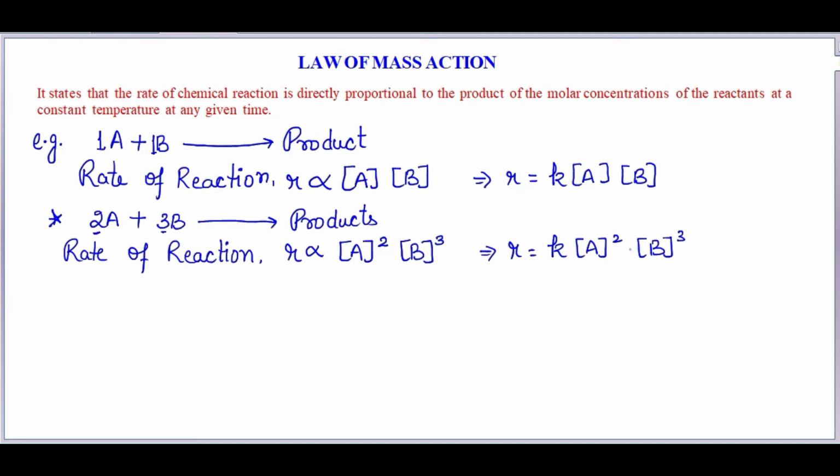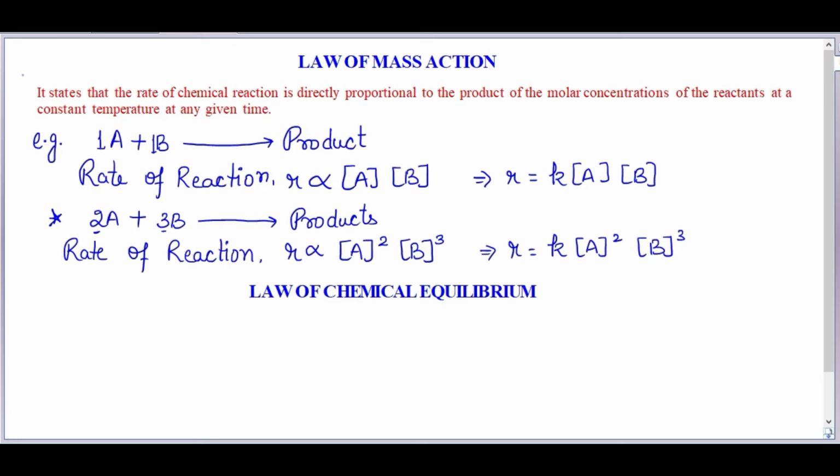On the basis of the law of mass action, we will study the law of chemical equilibrium to learn more about the equilibrium constant. We'll study the law of equilibrium again with the help of a hypothetical reaction. So I'll take a reactant A that is reacting with B to give product C plus D in a reversible reaction.